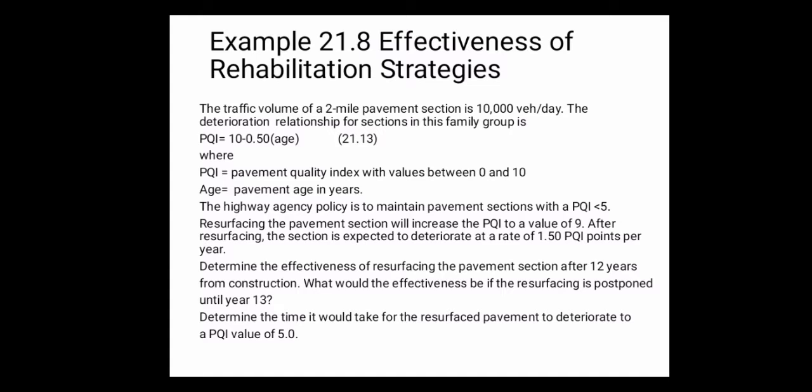The deterioration relationship for sections in this family group is PQI equals 10 minus 0.50 times the age, where PQI is the pavement quality index with values between 0 and 10, and the age is equal to the pavement age in years. The highway agency policy is to maintain pavement sections with a PQI which is less than 5.